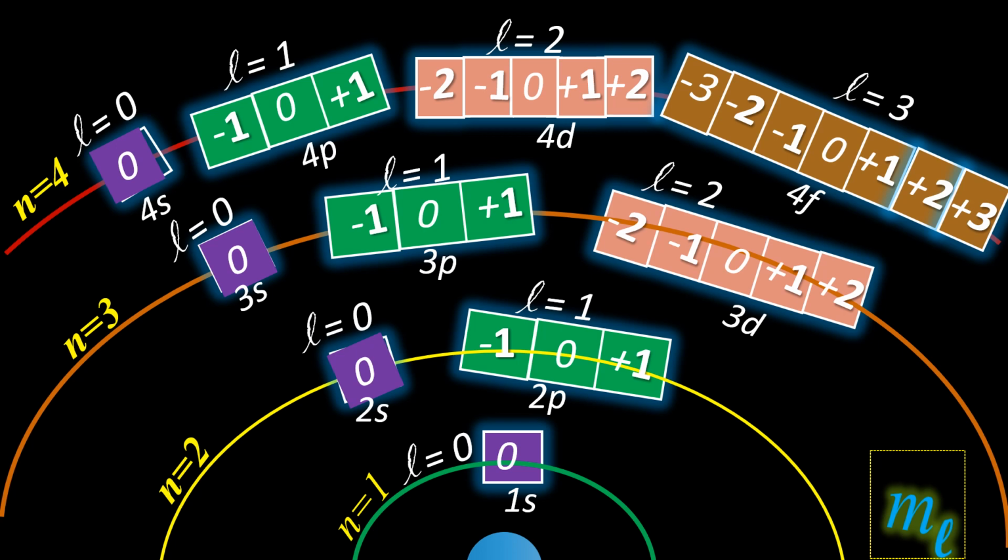See here, with the yellow color I have mentioned all the numbers: n equal to 1, n equal to 2, n equal to 3, n equal to 4. All four I have given with the principal quantum number. This is now the angular quantum number: L equal to 0, L equal to 1, L equal to 2, L equal to 3. These are the quantum numbers with the shapes of the orbitals s, p, d, f.